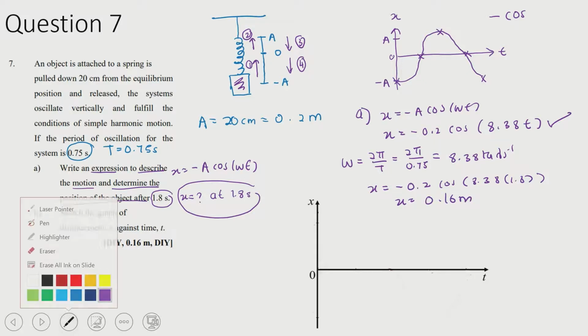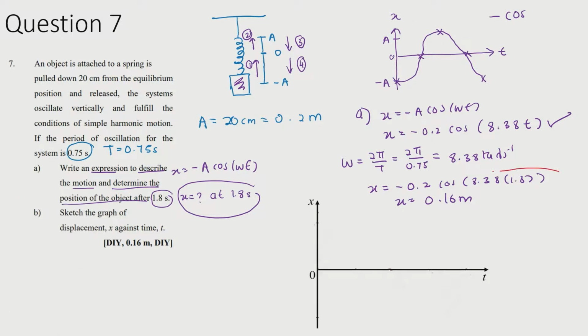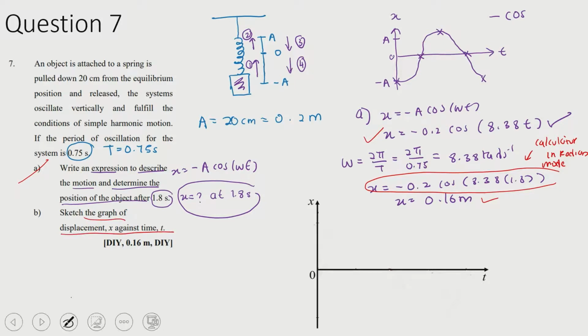And please make sure your calculator dalam radian mode. Okay, we are done with question A. Kita dah cari expression dan kita dah cari position dia after 1.8 second, iaitu 0.16 meter. Now, we need to sketch the graph of displacement against time.